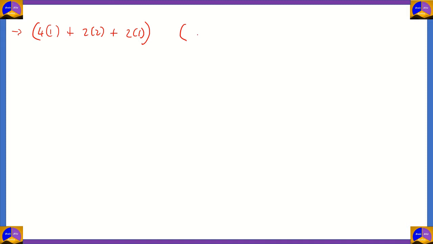The next element will be 4 times minus 1 plus 2 times 1 plus 2 times 1. And then the third element of that row will be 4 times 1 plus 2 times minus 3 plus 2 times 1.